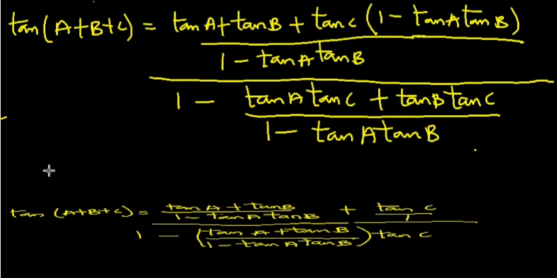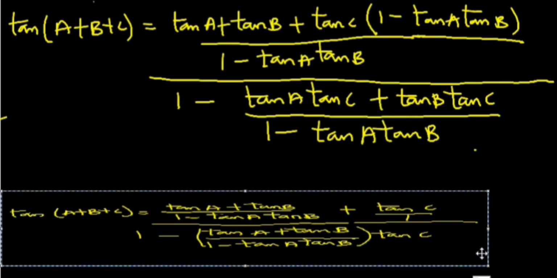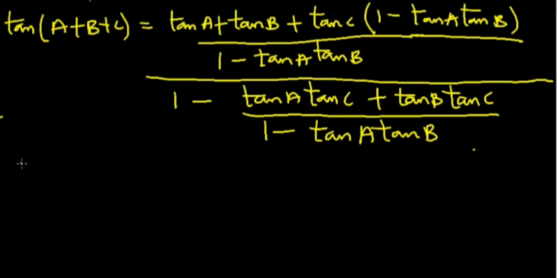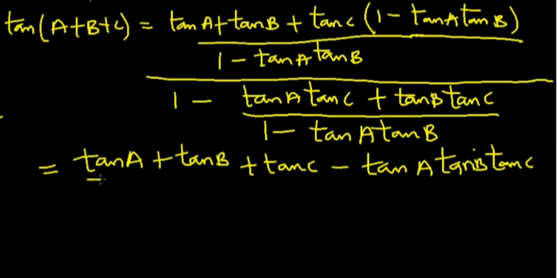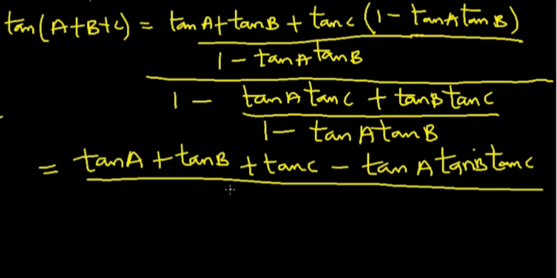Alright, so we still need to make our numerator a single fraction. So this will be equal to tan A plus tan B plus tan C, opening the brackets, minus tan A tan B tan C, over 1 minus tan A tan B.